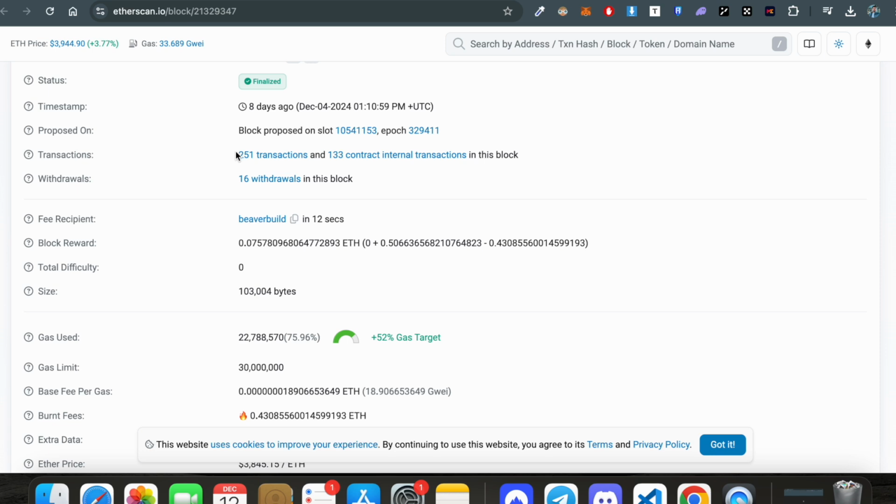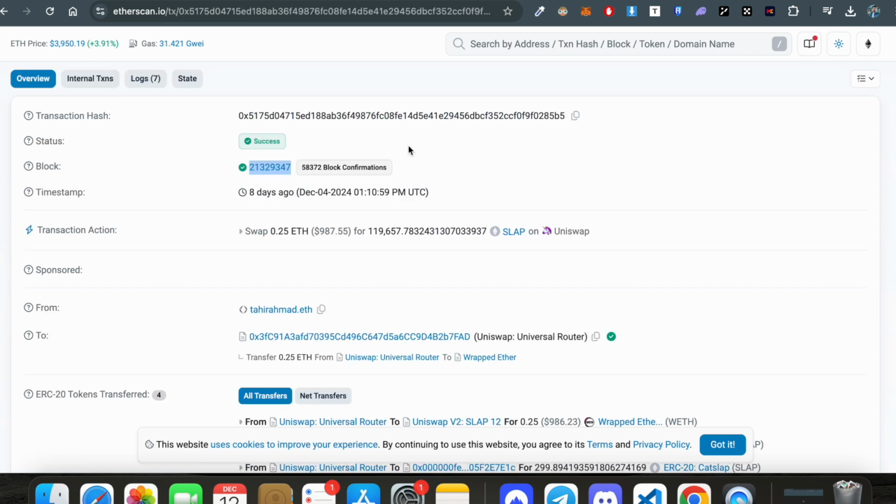So if you know about the basics of the blockchain, then it contains blocks and this chain of blocks is known as blockchain. So this particular block number, 213-29347, contains 251 transactions, in which 133 contract internal transactions and 16 withdrawals. So this is a basic detail of a block number, so you can understand.